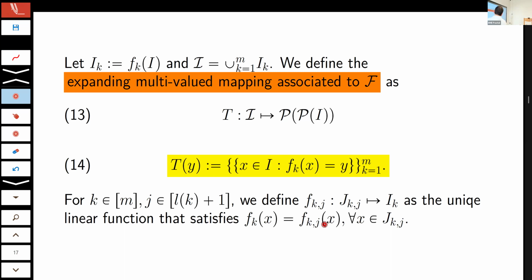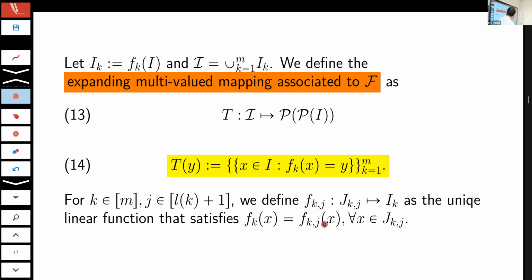I pick a point y and I assign a set, not just points, but a set, the set of all x's which are mapped to this y by one of the mappings. And I generate different sets with all the different mappings I have in the system.